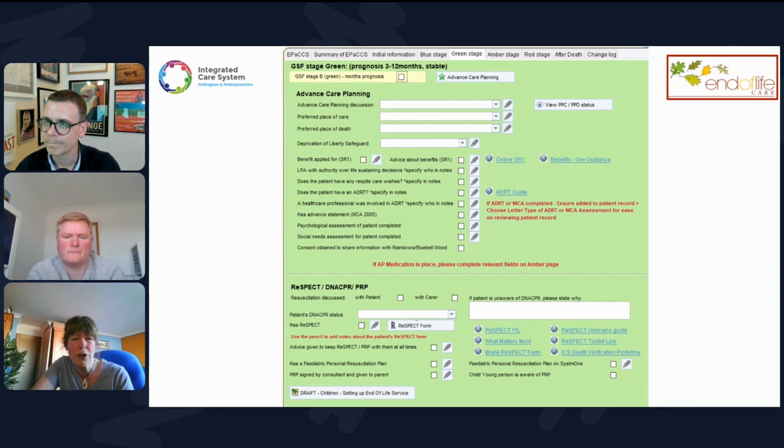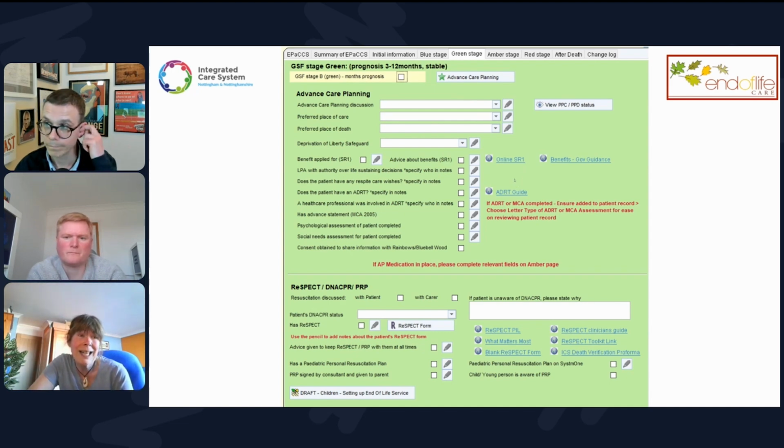Deprivation of liberty is not going to apply to many people, but it's worth considering for a few. You can see that we've also got a box for the SR1 form. As an ICS, we're not really remembering to do this very much, so we're looking at trying to make it a bit more obvious on the template.